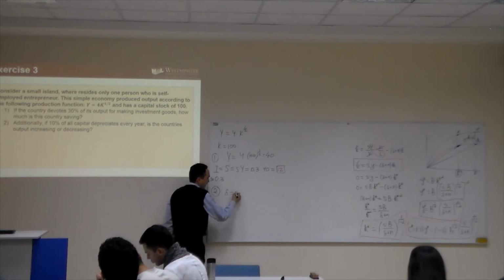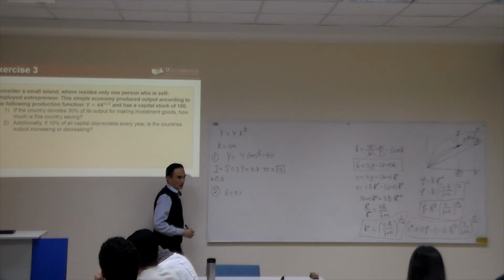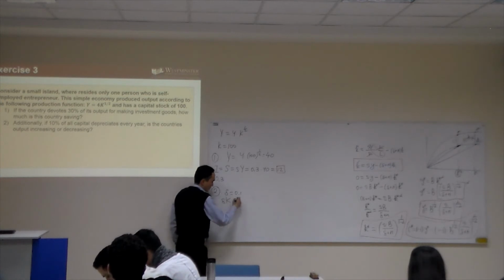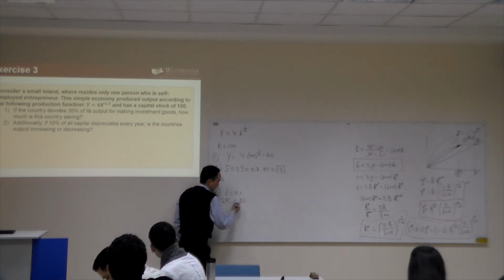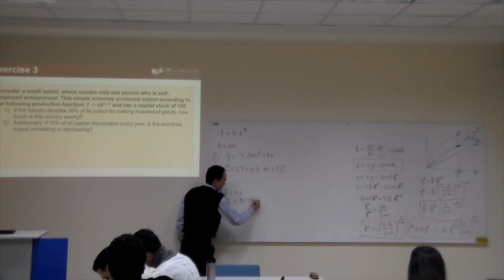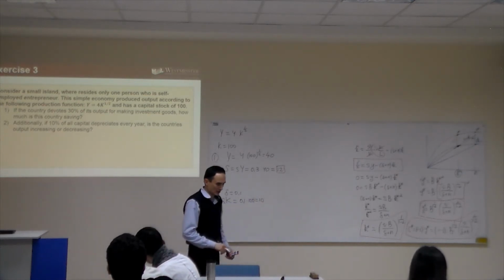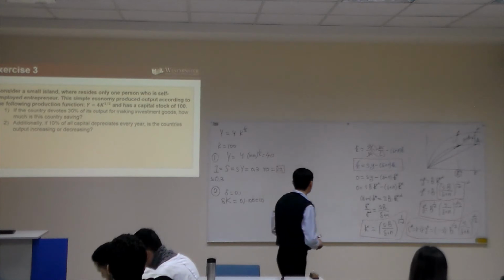It is 10%, right? In other words, capital is going to depreciate by this much. So 0.1 times 100, which is equal to 10. Is it increasing or decreasing output?